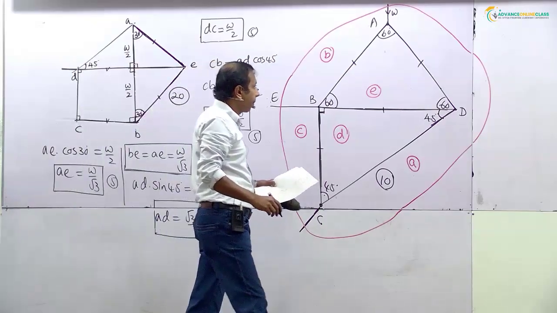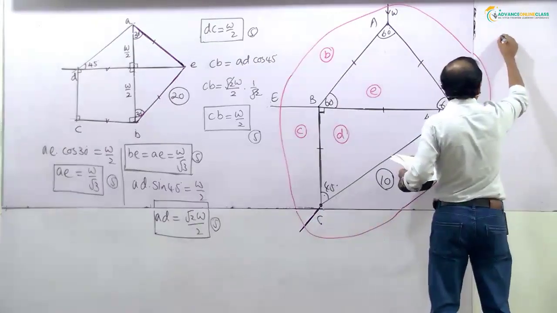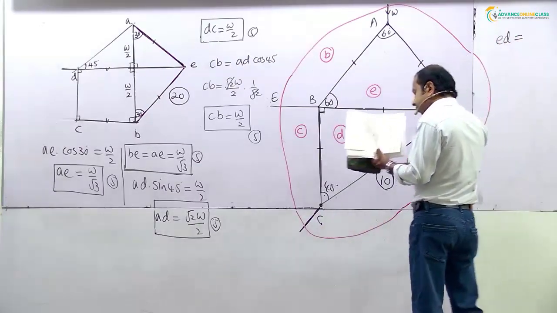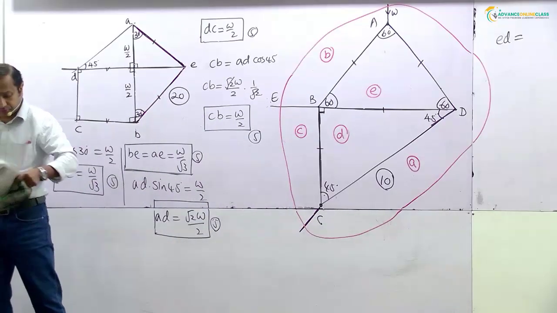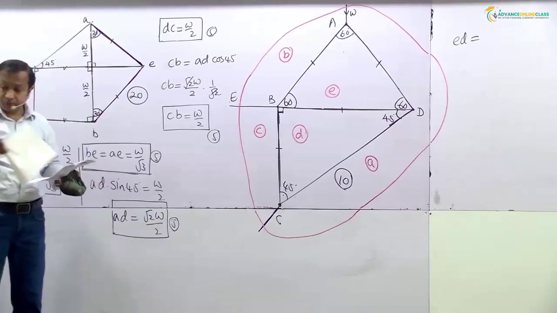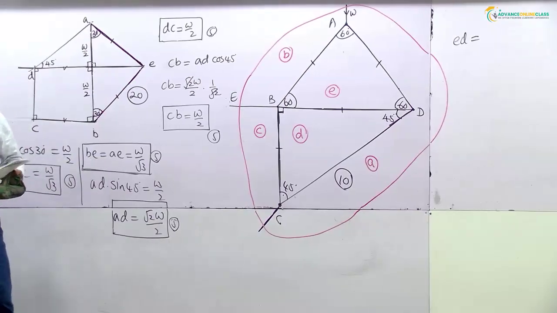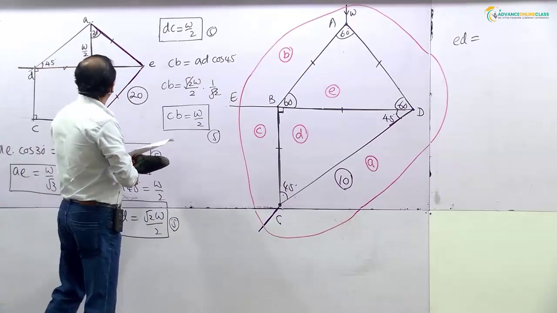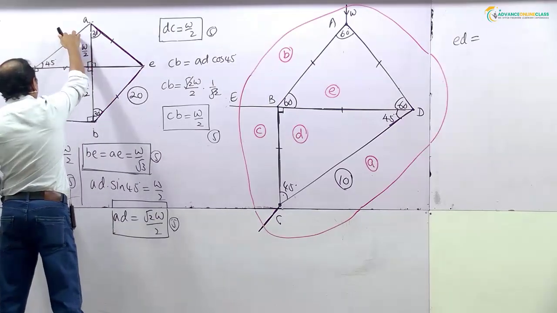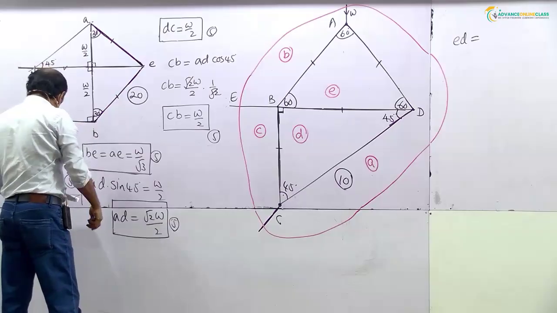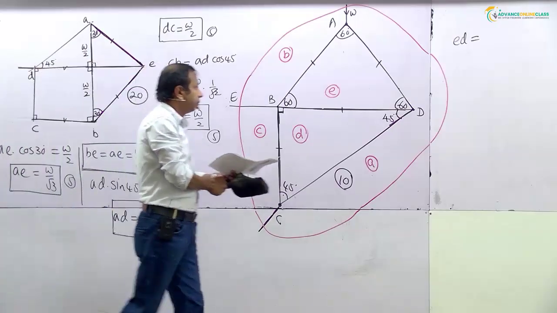What is ED? ED is equal to AE sine 30 and this BC length. BC length we found W by 2.